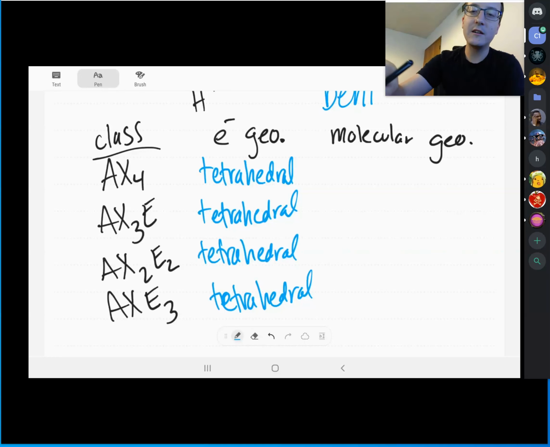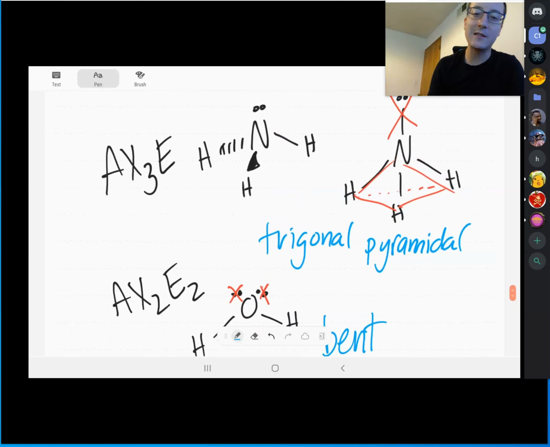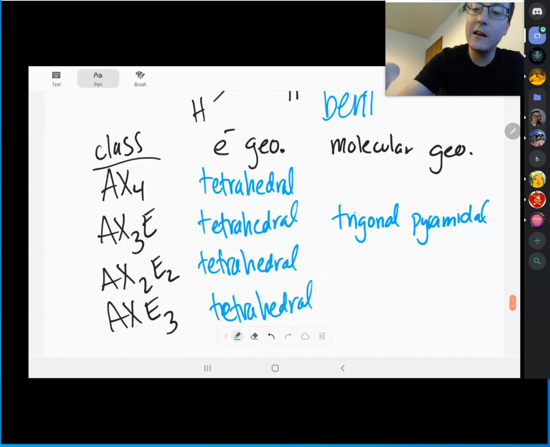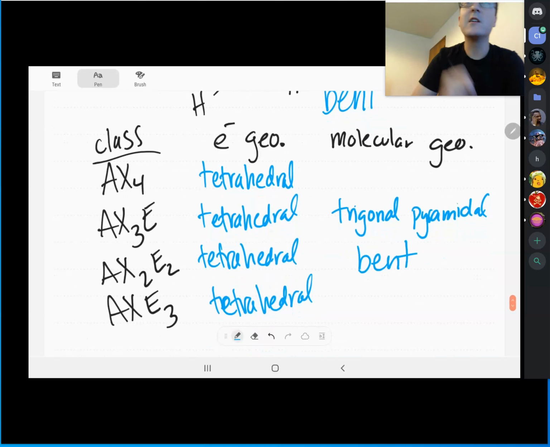We just looked at something that was AX3E, and we saw that looks like a pyramid: trigonal pyramidal. And this one we saw was bent, our water. However, we have not yet looked at something that's AX4 or AXE3. So let's do an example of those, and then we'll come back to this table.